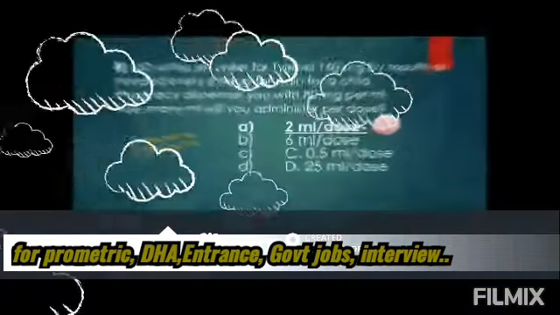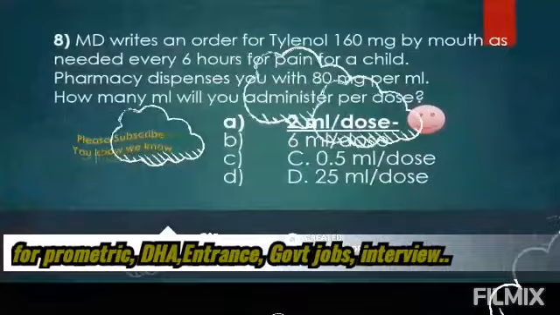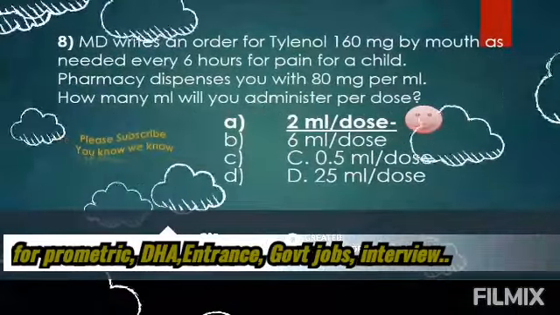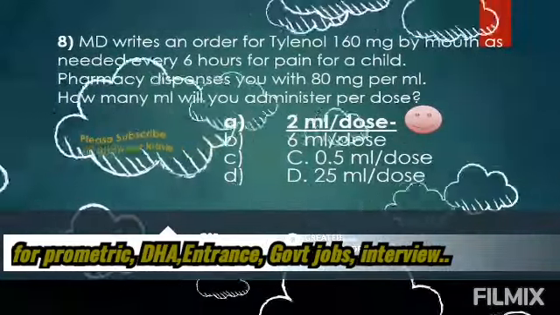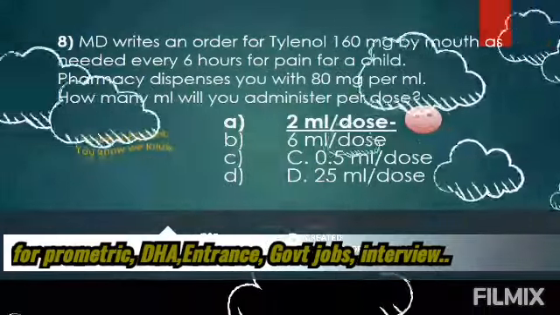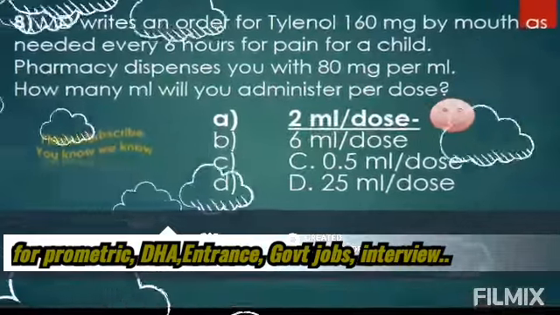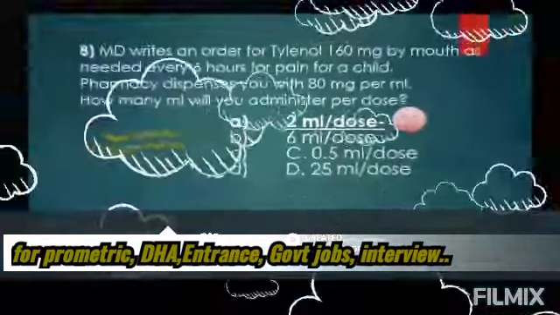So here, boom, you have got the answer. As the doctor has advised to administer 160 mg, that is to be divided by 80 mg multiplied by 1, you will get 2 ml. Now comes your next question.